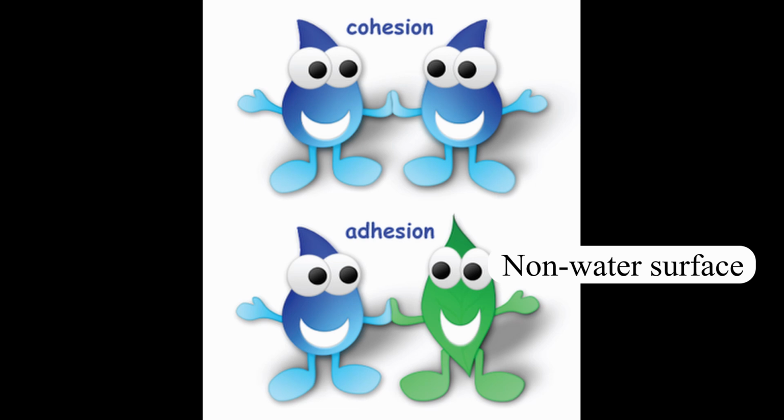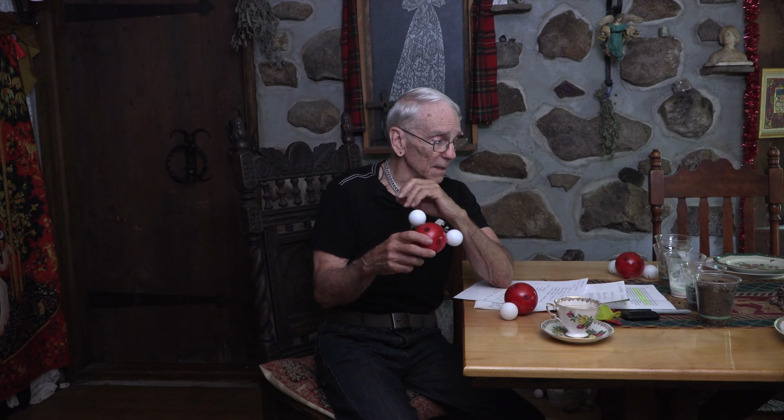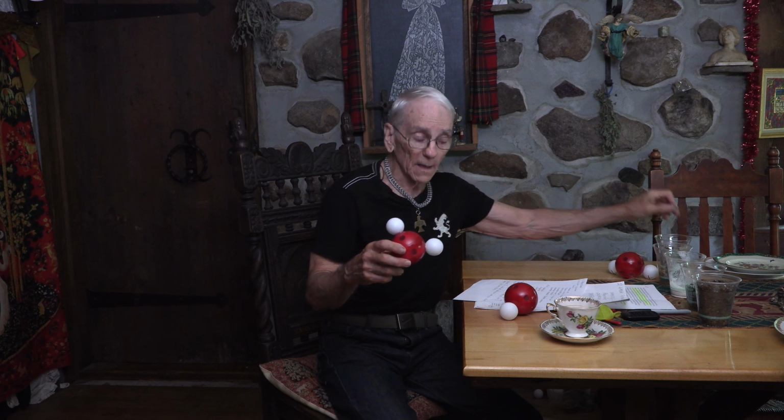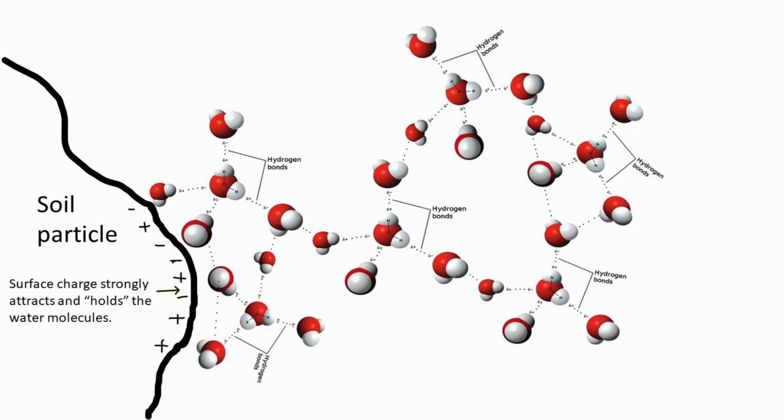It can be the mirror, the piece of glass that we looked at in the last video, but in the case of our water and our irrigation science, we're looking at the sticking of water molecules to the surface of the particles in the soils, be they the mineral components or the organic components. So we've got cohesion, we've got adhesion. These, again, are going to be critical as we start looking at the movement of water.